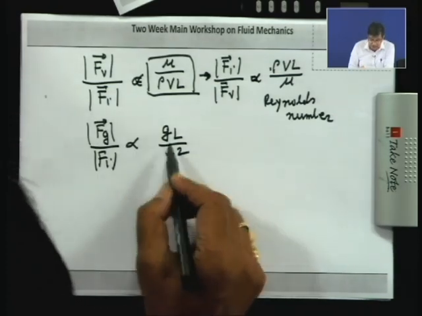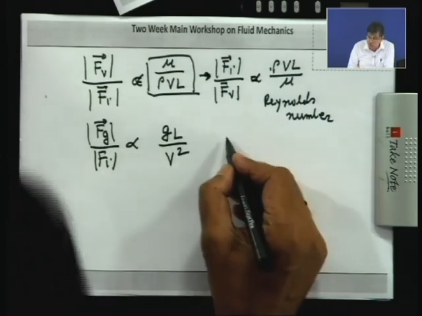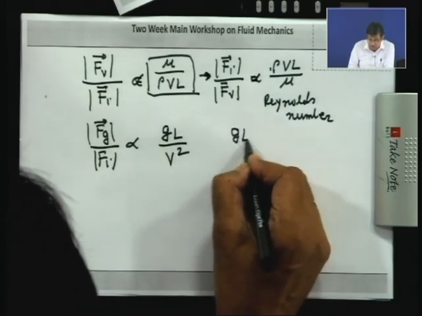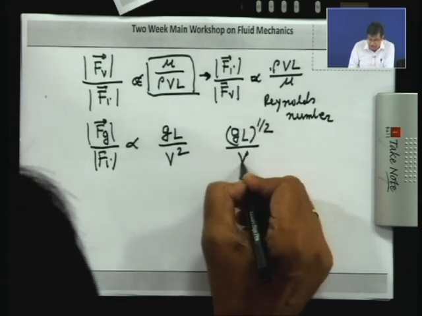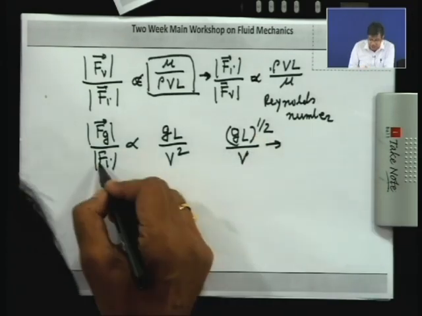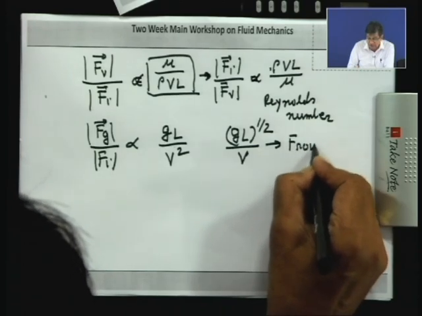This is the representative magnitude of the ratio of gravity to inertia force, and the square root of this, that means g L to the power half by V, is by convention known as Froude number.